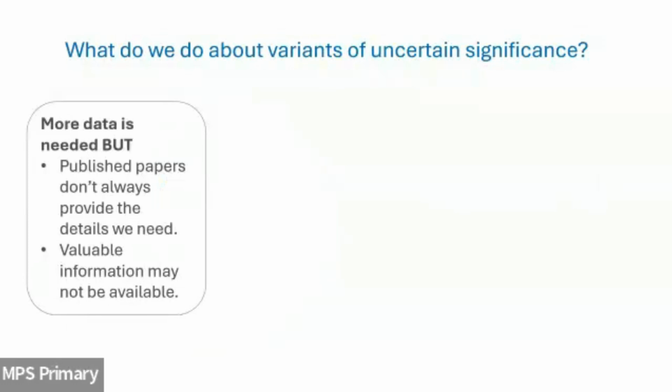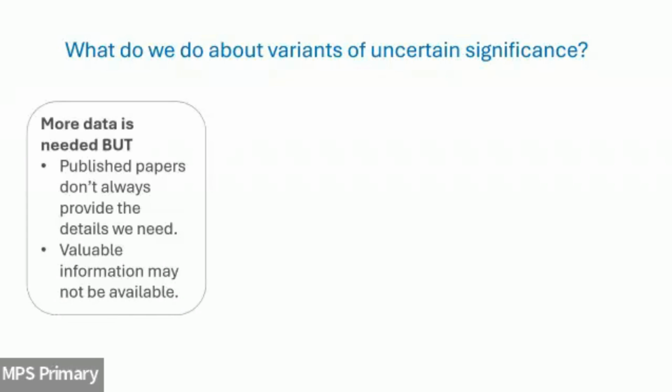And when we're looking at the scientific literature, often we just don't find the details that we need. So as I mentioned, it's really helpful for us to have as much information as possible from patients about their clinical symptoms, their enzyme activity, their glycosaminoglycan levels, the treatments that they're on, and their genetics. Sometimes papers just don't provide that information, and that's not the authors' fault.